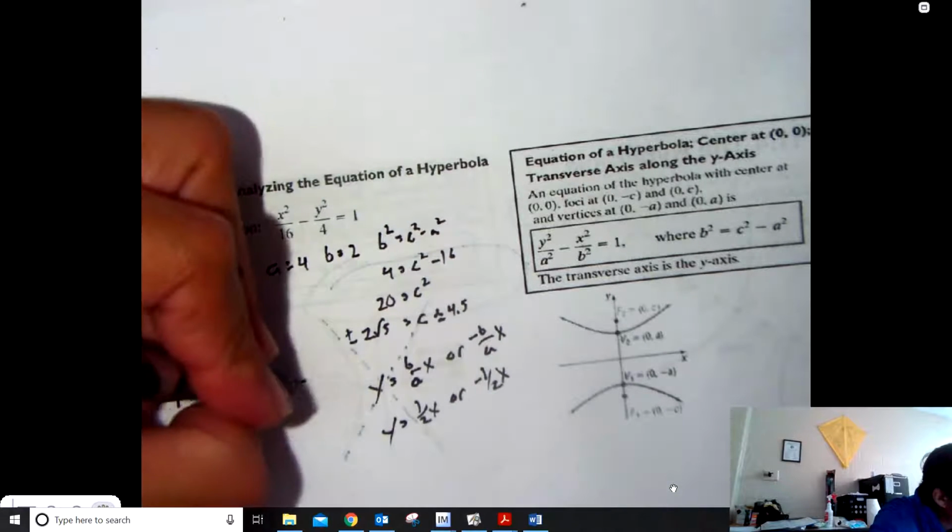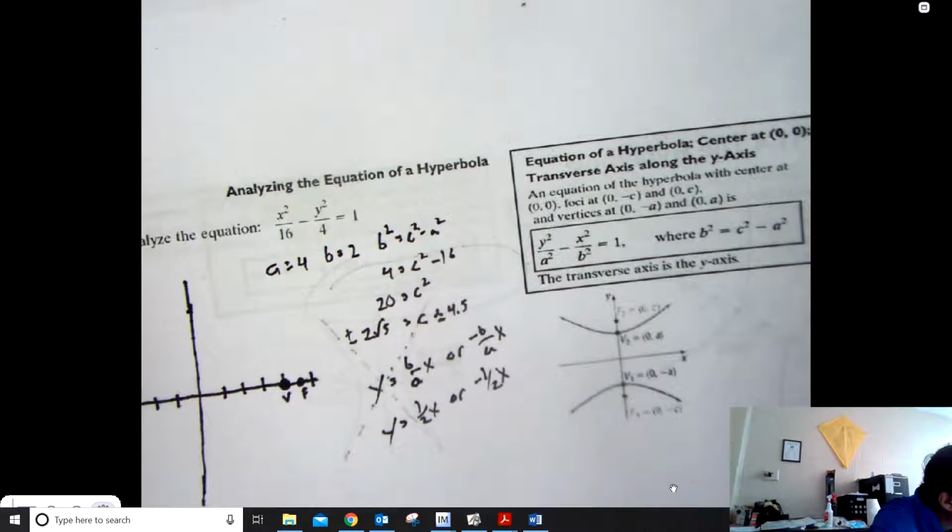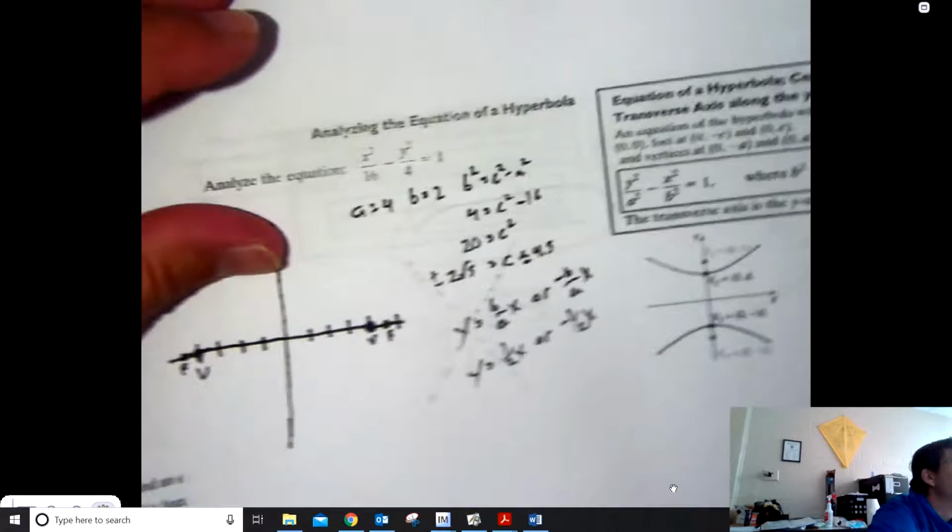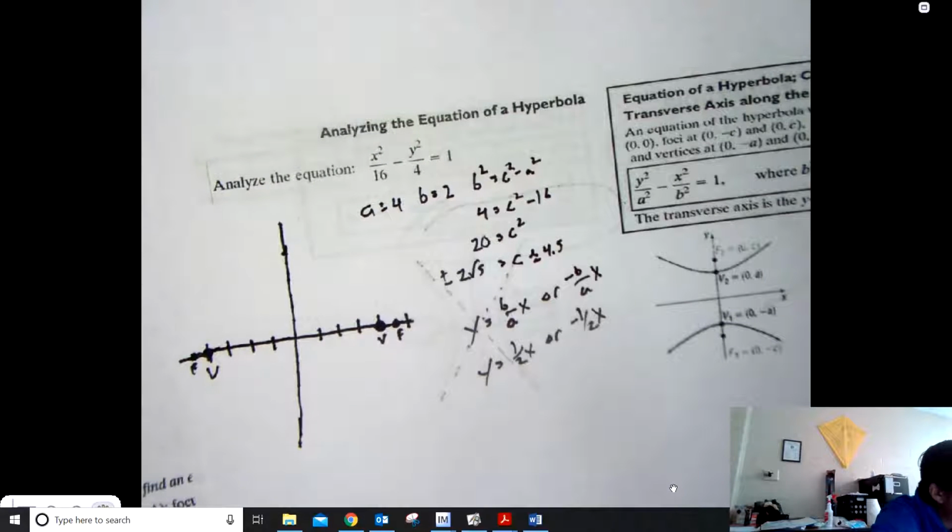Your focus is just a little bit ahead of that and a little bit behind that, because it's at negative 4.5 and positive 4.5. Are you okay with that? Or do I need to write out the ordered pairs? So they're just a little bit ahead and a little bit behind.